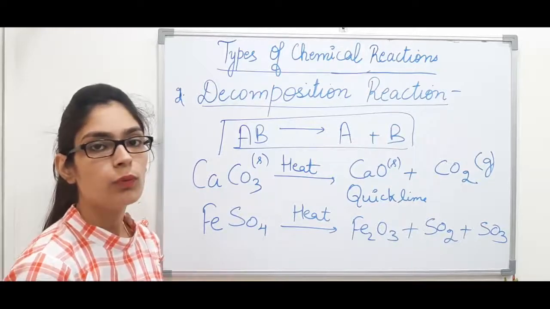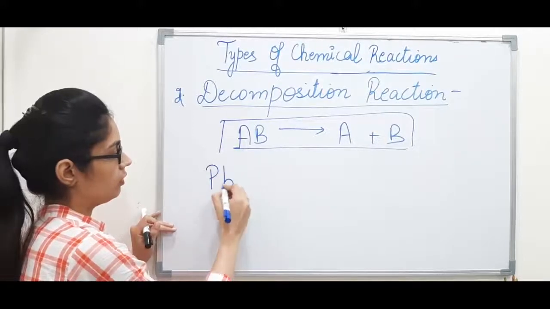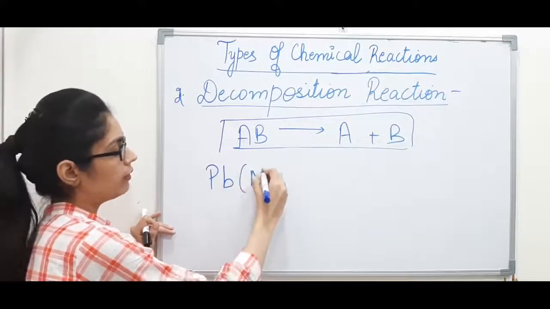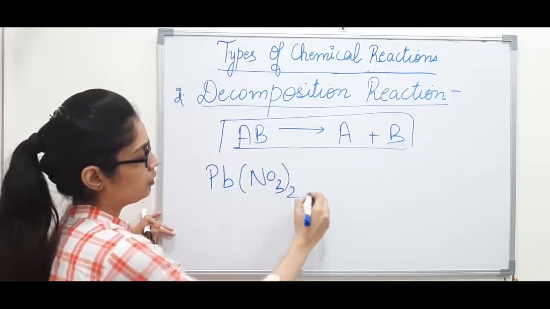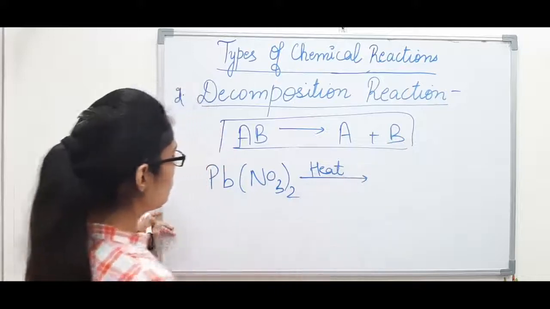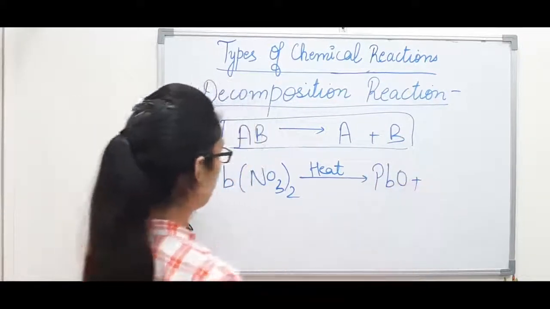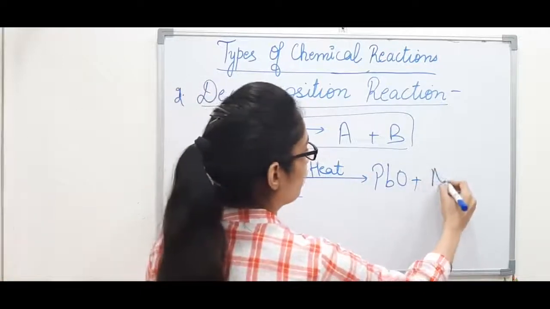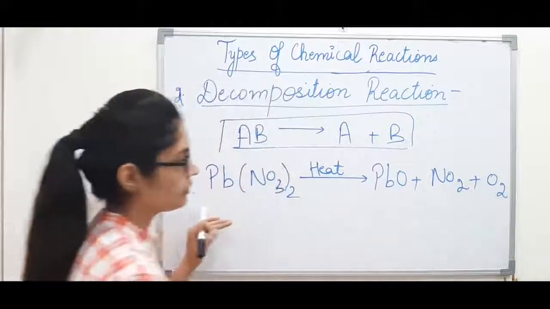Let's take a few more examples. Lead nitrate, on applying heat, will be changed into lead oxide plus nitrogen dioxide plus oxygen.